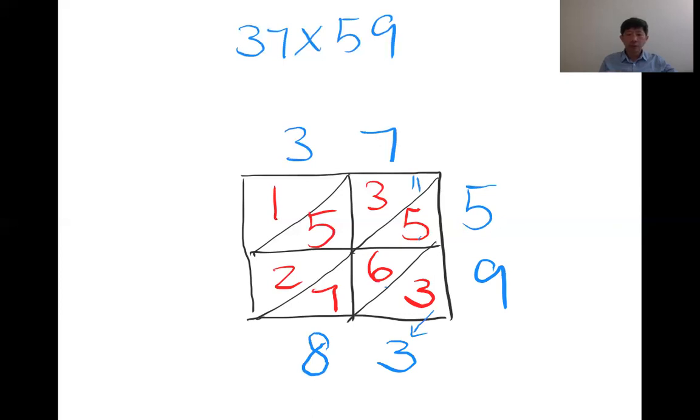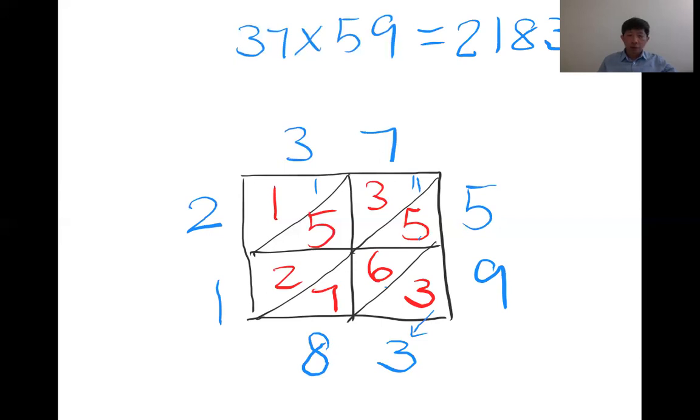Now next, 1 plus 3 plus 5 plus 2, how many? That will be 11. So 11, put a 1 there. Remember 1. 1 plus 1 is equal to 2. So the final answer is equal to 2,183. Okay, so that is the lattice method.